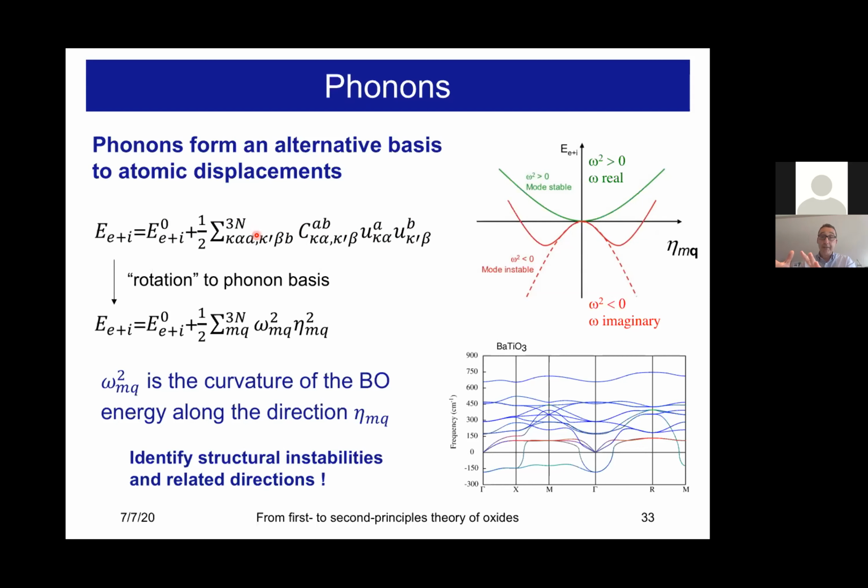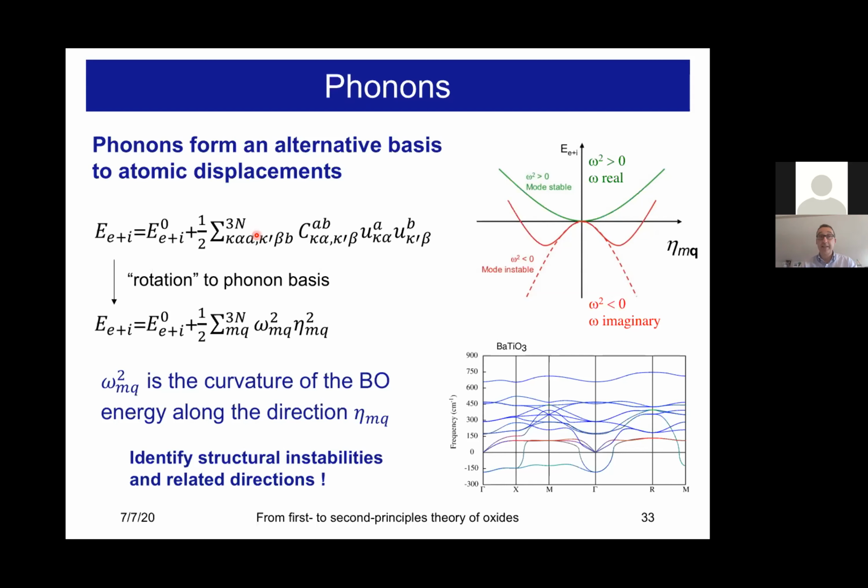Now, to this atomic displacement, you have phonons that are associated to that. That's the eigenmodes of vibration of these atoms. So these are collective motions, but again, the number of phonons corresponds to the number of degrees of freedom of your system. So if you have n atoms that can move in 3 directions, you have 3n degrees of freedom. And to this individual displacement of n atoms in 3 directions, you will associate 3n eigenmodes of vibration. And these eigenmodes of vibration are orthogonal to each other.